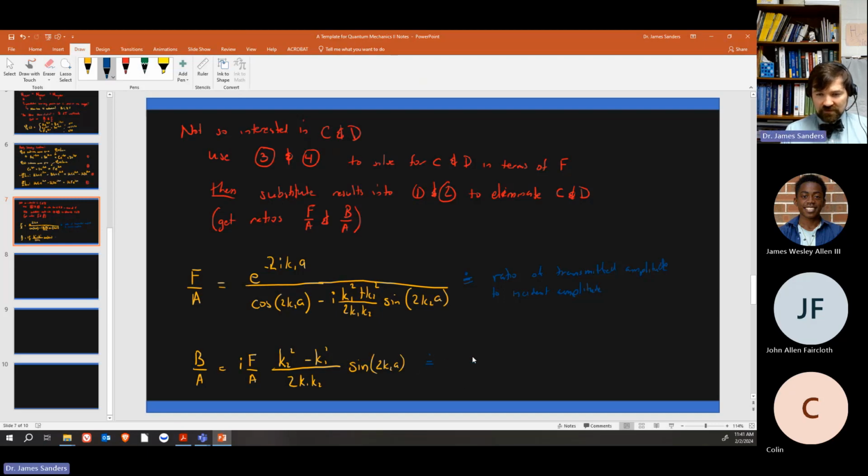And this right here represents the ratio of reflected amplitude to incident amplitude.